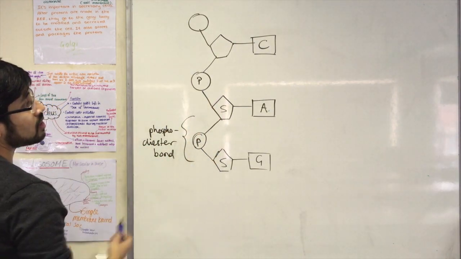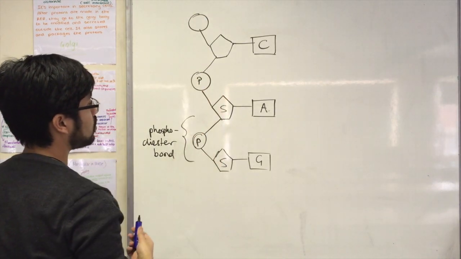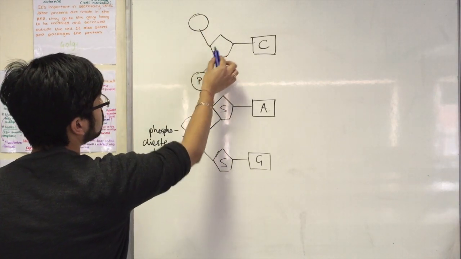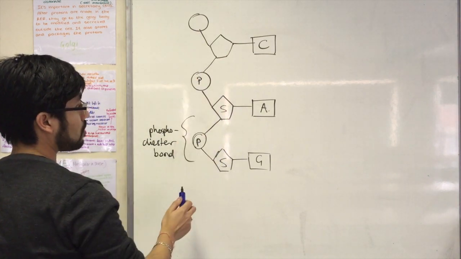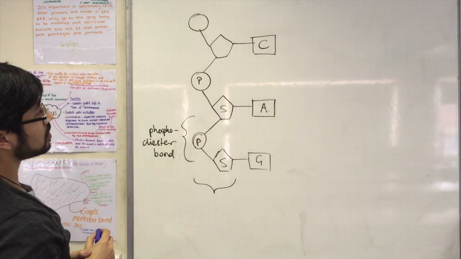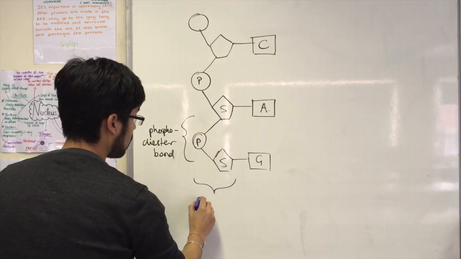And thus what we will be constructing, if we carry on in this process, is what we call the phosphate-sugar backbone, or the sugar-phosphate backbone. Okay? So if I just draw this, then what we have here is the backbone.